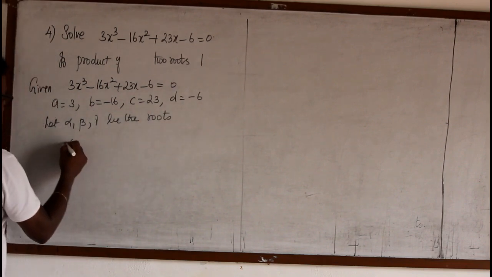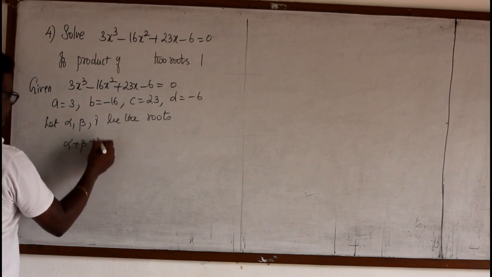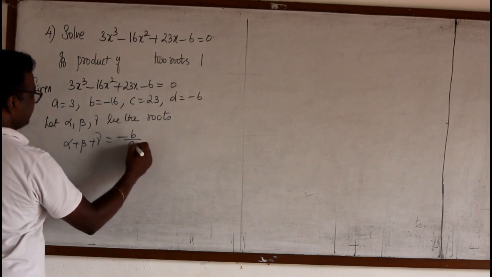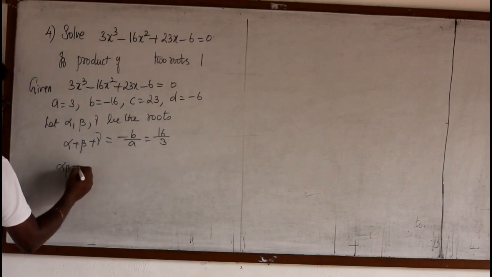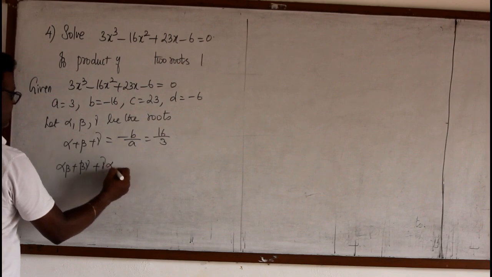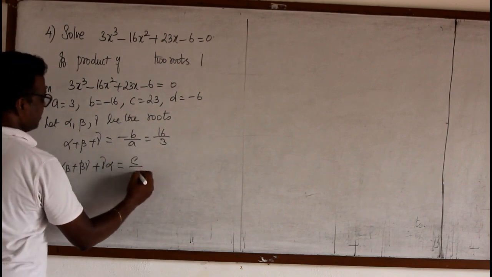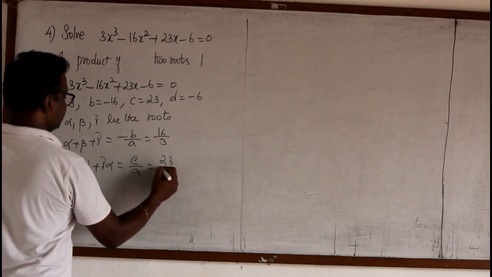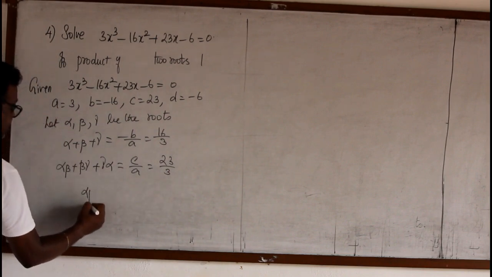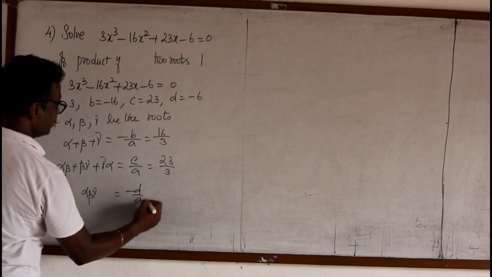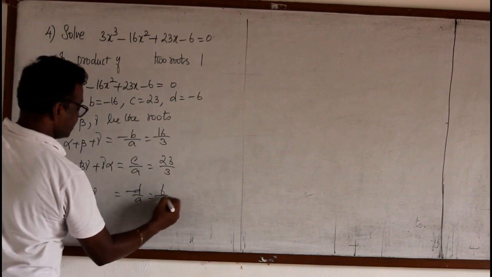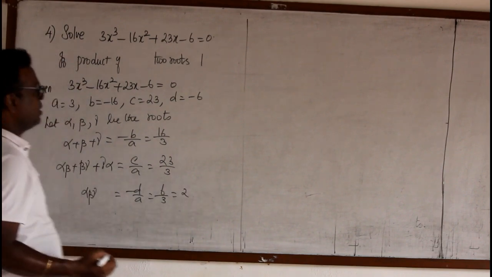Then we know alpha plus beta plus gamma is minus b by a, it is plus 16 by 3. Then the sum of the product of two roots, alpha beta, beta gamma, gamma alpha, is plus c by a, it is 23 by 3. Product of the roots, alpha beta gamma, is minus d by a. It is plus 6 by 3, which is 2.